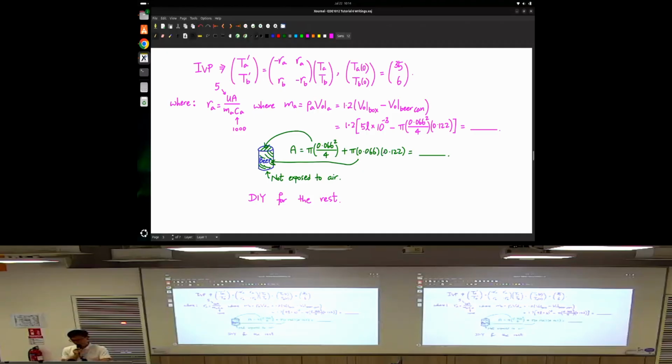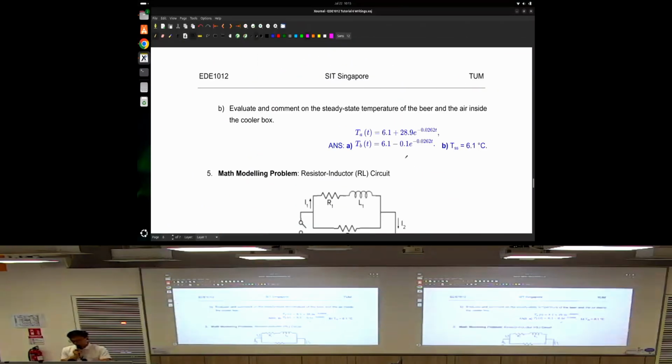Okay, so I actually want to talk about this. Evaluate and comment on the steady state temperature of the beer and air inside the cooler box. This one is a bit suspicious, because you can see that the steady state temperature is 6.1 degrees Celsius after you have solved for the solution.